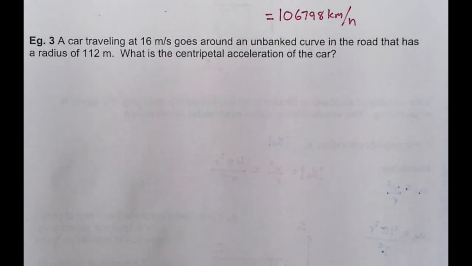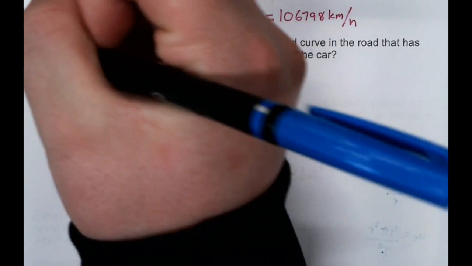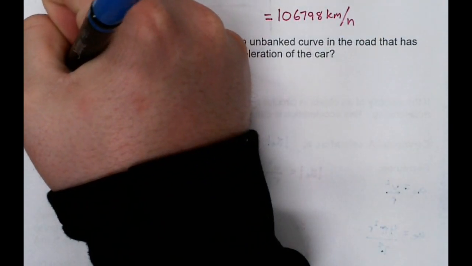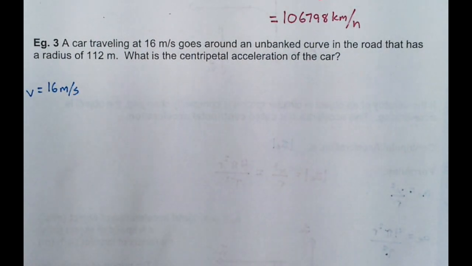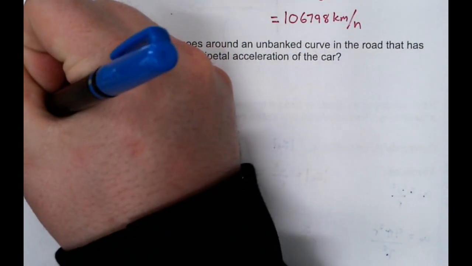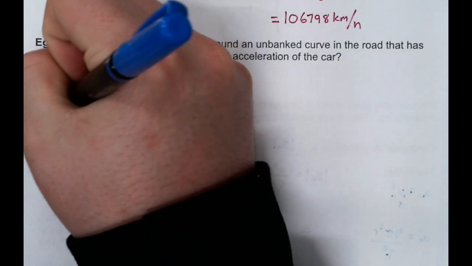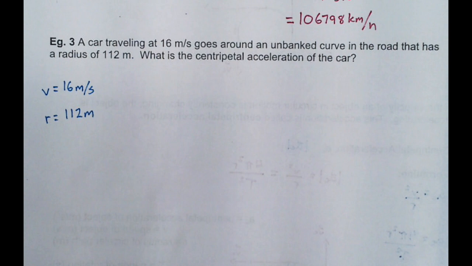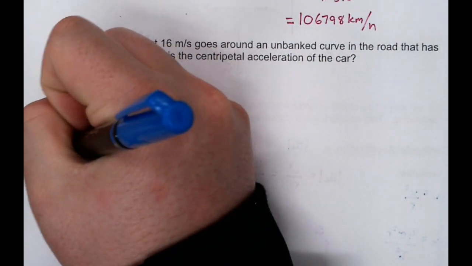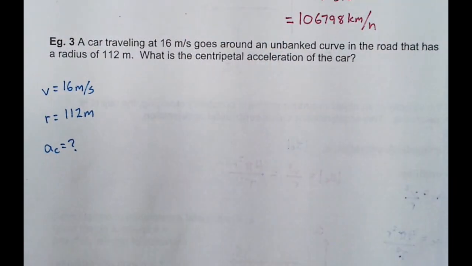The information we're given tells us the car is traveling at a speed of 16 meters per second. It's on an unbanked curve that has a radius of 112 meters. We want to solve what is its centripetal acceleration.